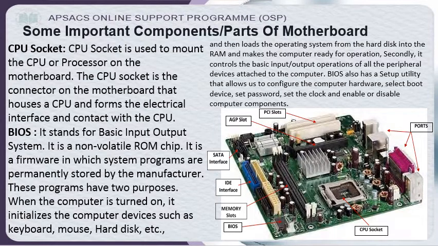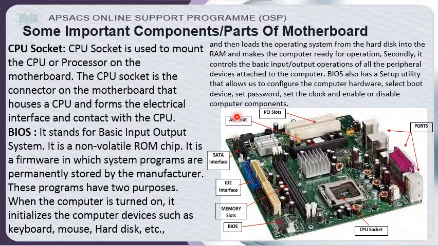So the important components are part of the motherboard. That is the third one. We have discussed the computer casing, second the power supply, and third the important component which is inside a system unit, that is the motherboard. On a motherboard we will discuss some of the components. What are those?